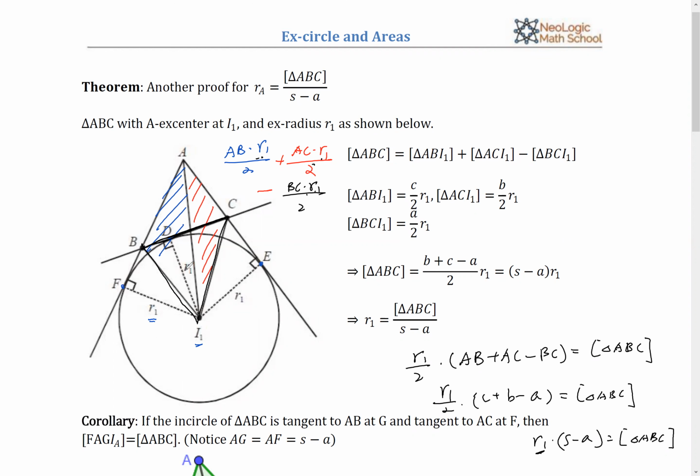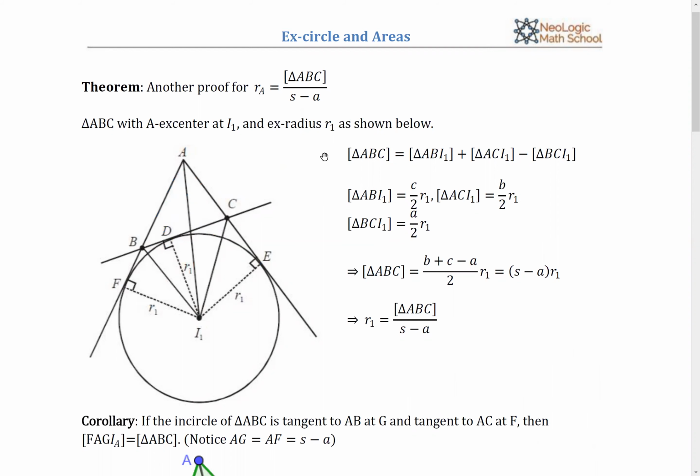Now, if you take another look at this formula, it's saying that ra times (s - a). What's s - a? If you draw an incircle, you will know what s - a is.